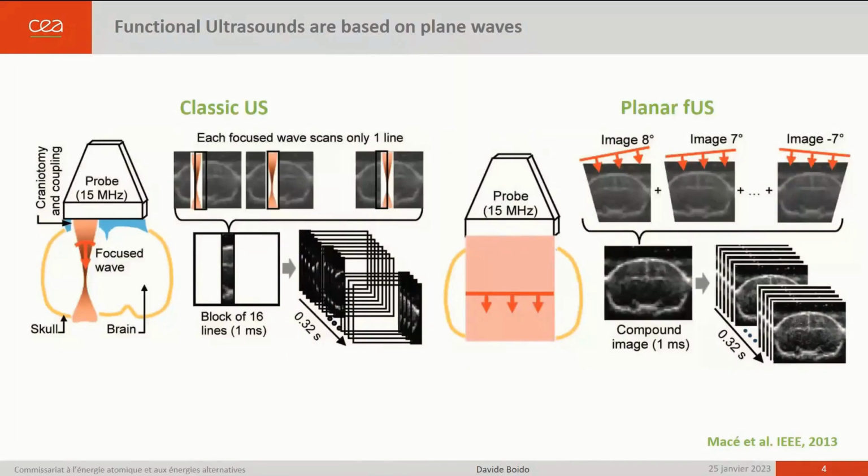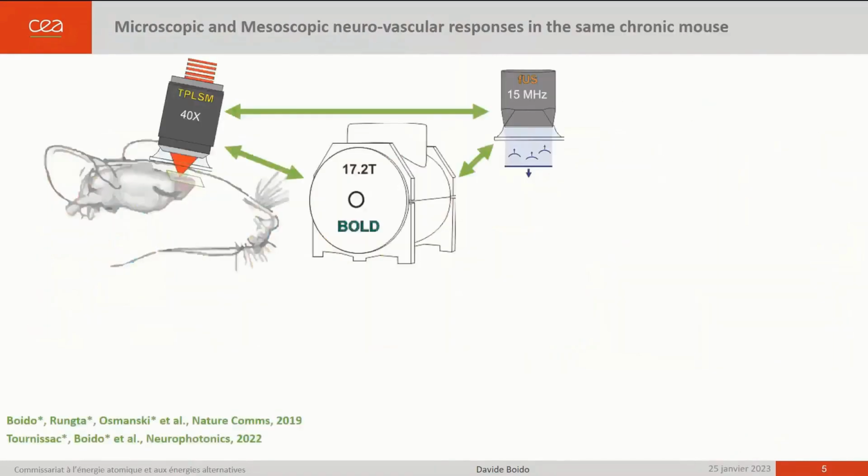However, functional ultrasound is so fast that we can afford to add information from many images obtained with different angles to recover a clear contrast, still preserving a high temporal resolution in the range of milliseconds. In addition, we can exploit the power Doppler effect, that is a modification in the ultrasound wave backscattered by a moving particle, to track the red blood cells flowing into the blood vessels of the brain.